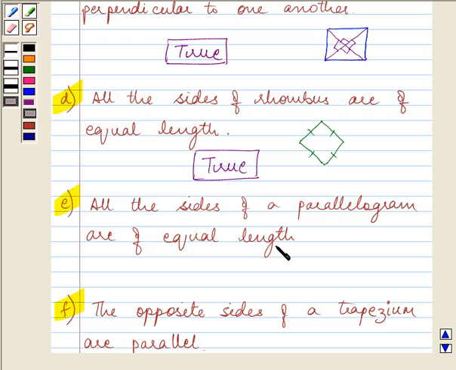Proceeding on with the E part, it says all the sides of a parallelogram are of equal length. All the sides of a parallelogram are equal, hence it is called a rhombus.